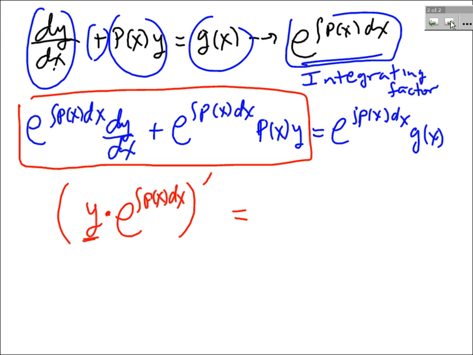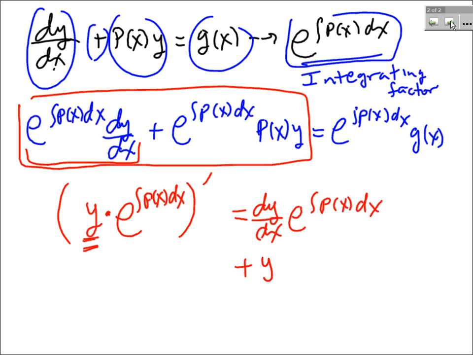The derivative of the first is dy/dx times the second function. Well, that's exactly this. I'll put the plus here. Plus, I leave y alone and multiply by the derivative of the second.